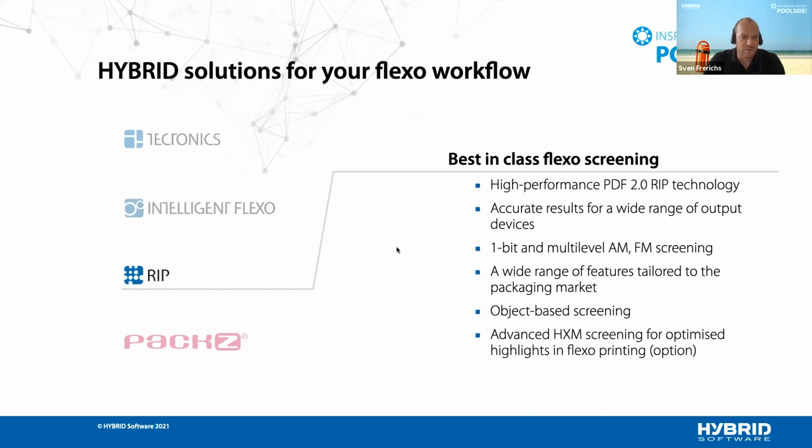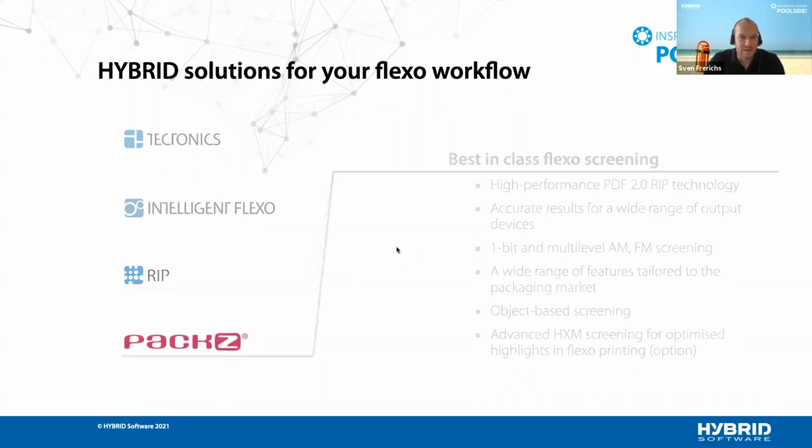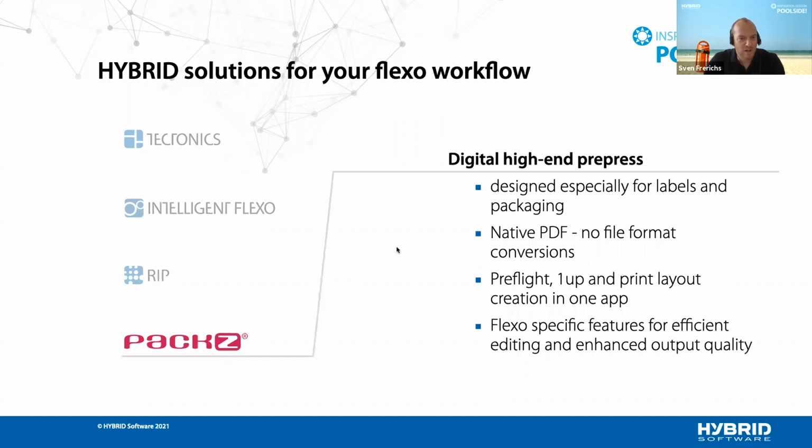The first thing that we looked at was PACKS. And PACKS in the end, well, if you have ever been working or seeing PACKS, you know how much it can actually do. We've only had a brief look at some slides today. We deliberately said we're not going to do a demo. We just point out the highlights that PACKS offers for Flexo printing or Flexo prepress.